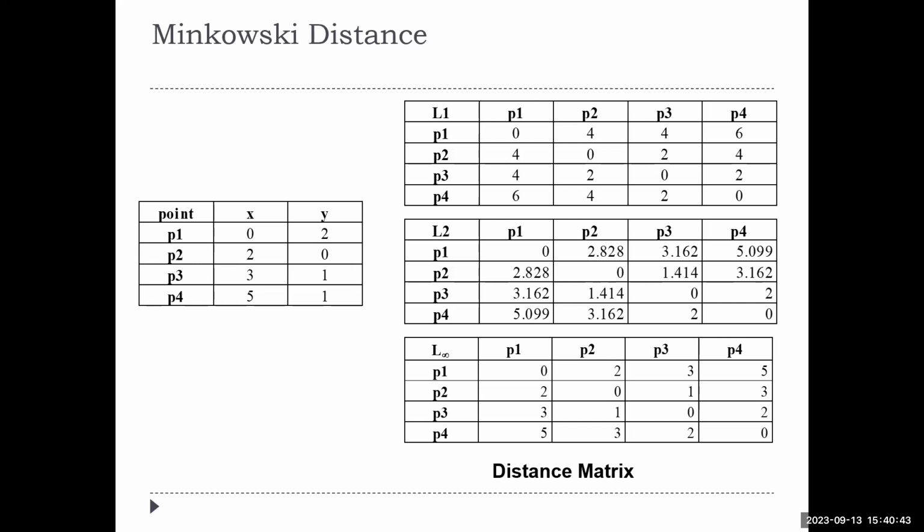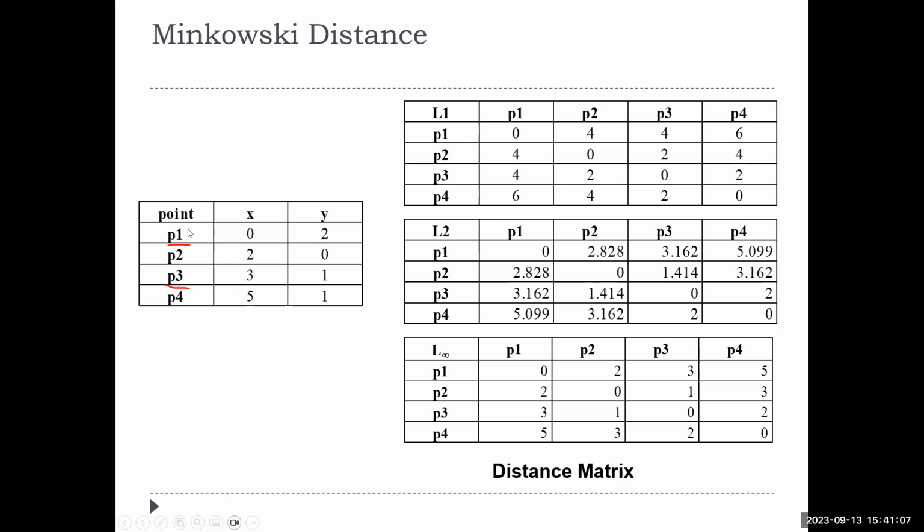P1 and P3, what is it? 3. Yes. Has everyone got this? It is 3, right? You see that 0 minus 3 in absolute value is 3. 2 minus 1 is 1. So 3 is greater than 1, so we pick 3. You pick the maximum one.